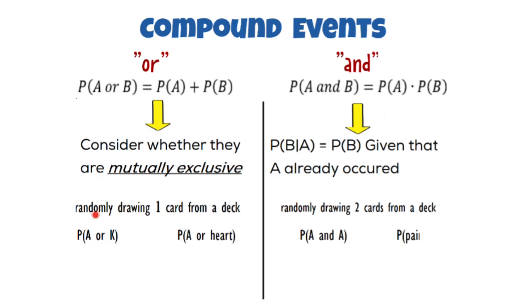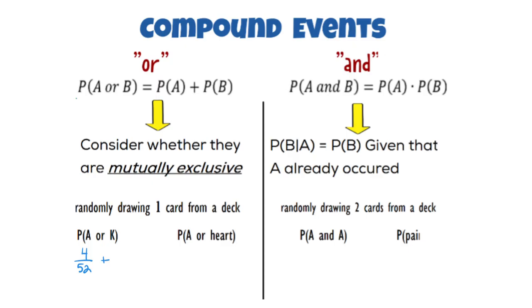Let's say you randomly draw one card from a deck. What is the probability that it is an ace or a king? Well, the or tells me I'm going to add. So the probability that it is an ace is 4 out of 52 cards. There's 4 aces in the deck out of 52. Or means I want to add.